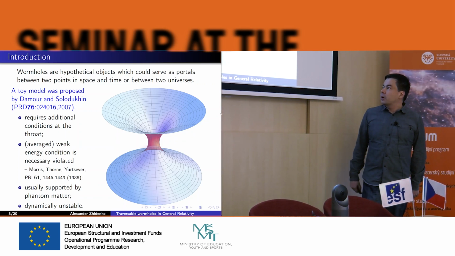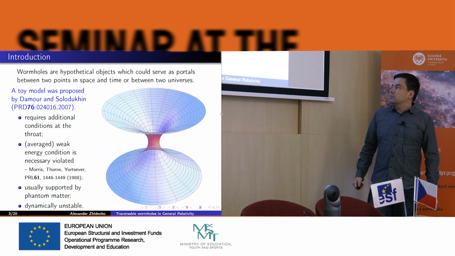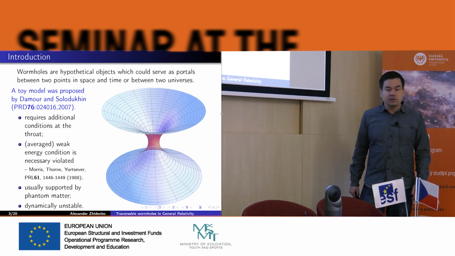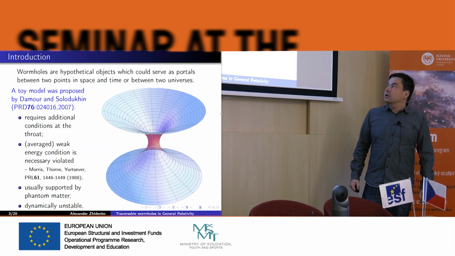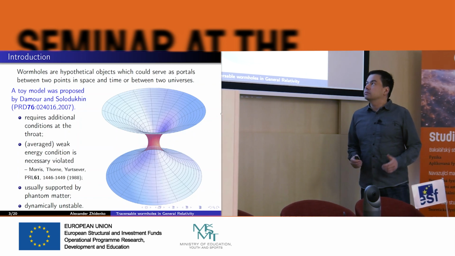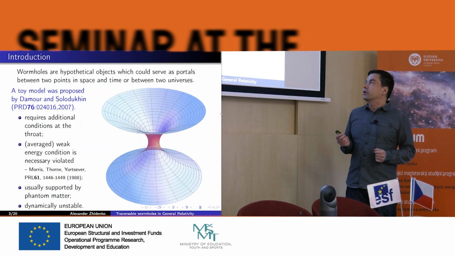Well, I will not speculate about how much this is interesting, because there is science fiction about this, but let's talk about some theoretical models of how this can be actually realized.